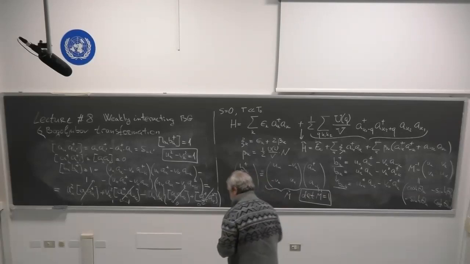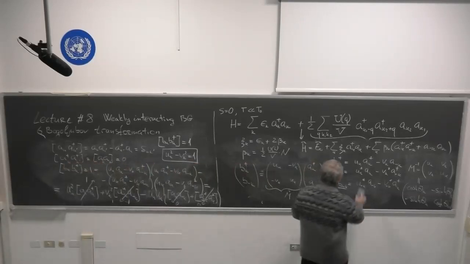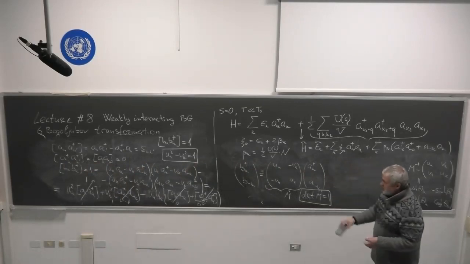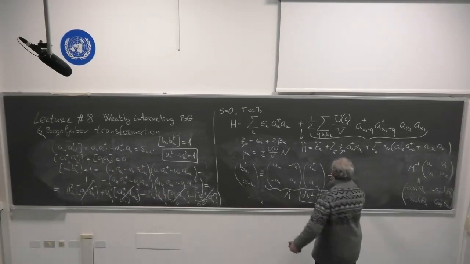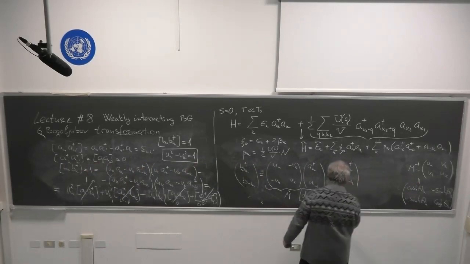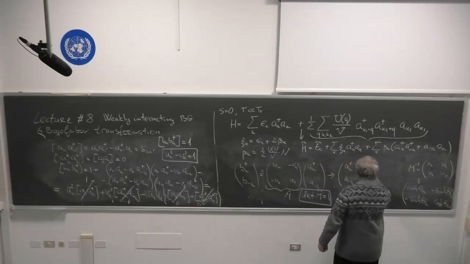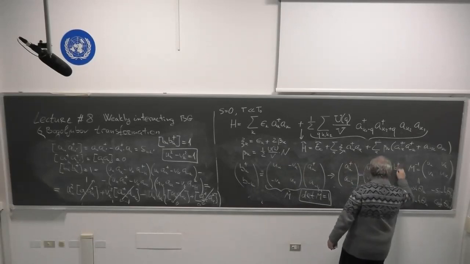So now let's proceed with the calculations. In order to do calculations, as I said, I need to express my old variables in terms of new variables, which can be easily done. A k dagger, A minus k is equal to the inverse matrix, which is written here, UK, minus VK, minus VK, UK, times BK dagger, B minus k.